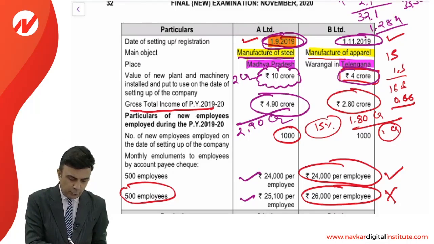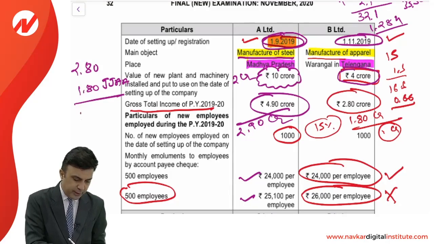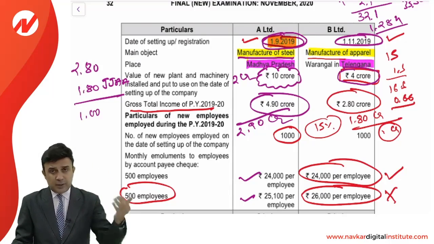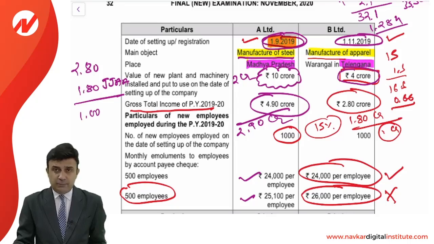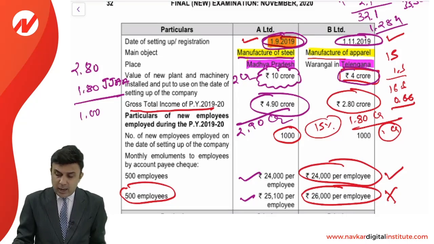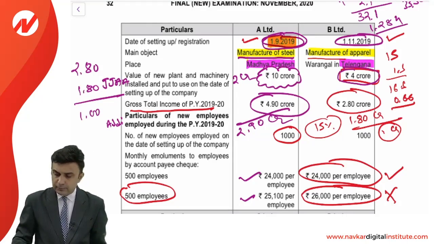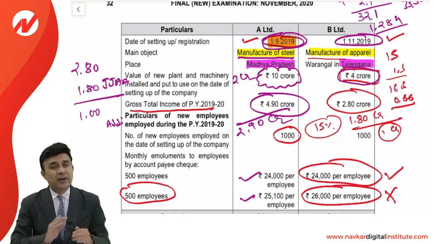Friends, from 2.8 crore, I have got double JAA 1.8 crore. So I was having 1 crore, which was as per the special provisions as per ordinance of September 2019. Now from this 1 crore, I'll be able to get additional depreciation, and my additional depreciation on 4 crore will be at 17.5%.